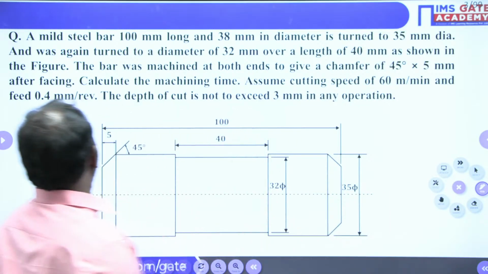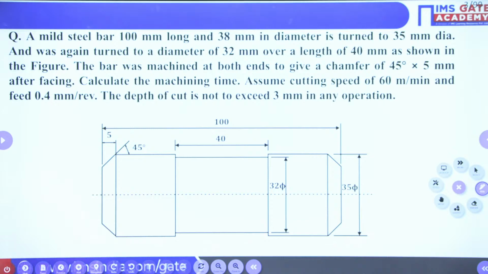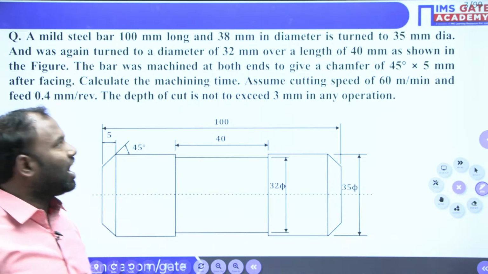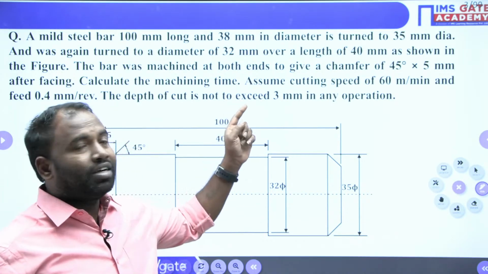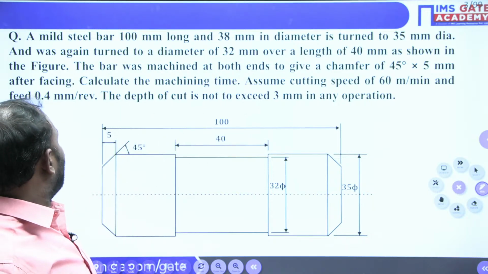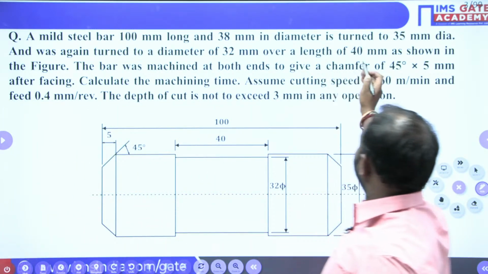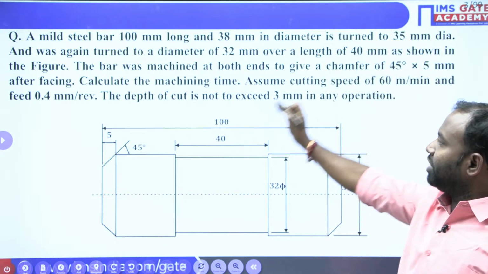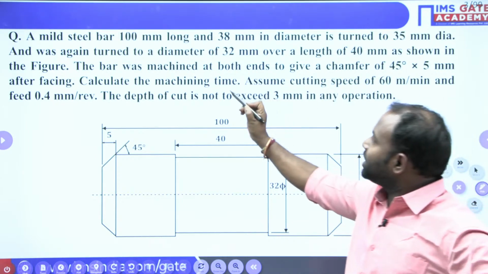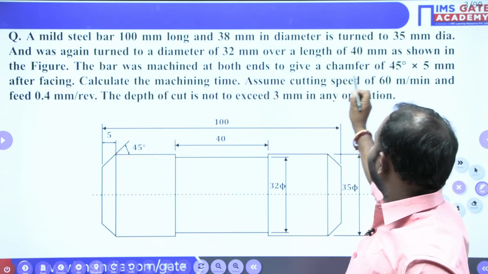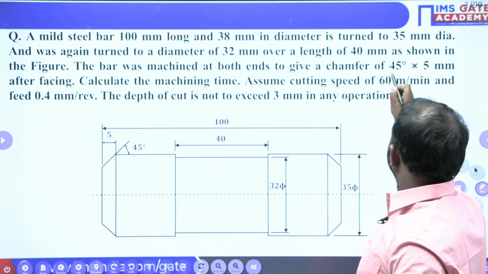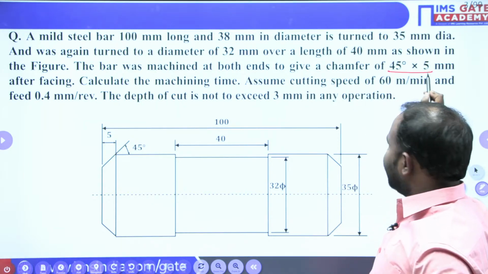A mild steel bar 100 mm long and 38 mm diameter is turned to 35 mm diameter and again turned to a diameter of 32 mm over a length of 40 mm, as shown in the figure. The bar is machined at both ends to give a chamfer of 45 degrees by 5 mm radius.